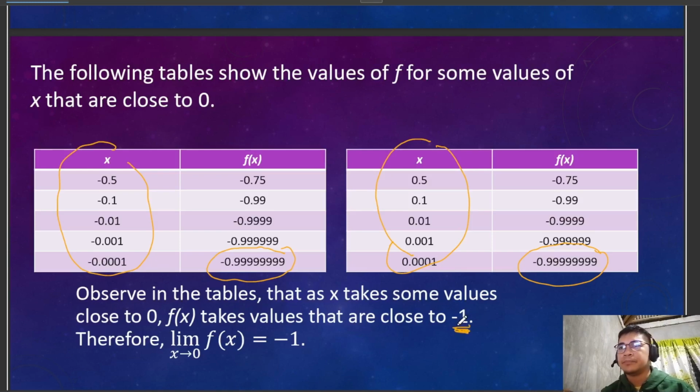Negative 1. Therefore, the limit of f of x as x approaches 0 is equal to negative 1. There is a limit. It's negative 1. Compared to the first example, which had 2.999 something and 3.02, if you continue, they will be the same, which is 3. Here, they have the same value, and that's why it is easier to see. There is a limit. If you graph this one, you can see that there is an existing limit, which is negative 1.